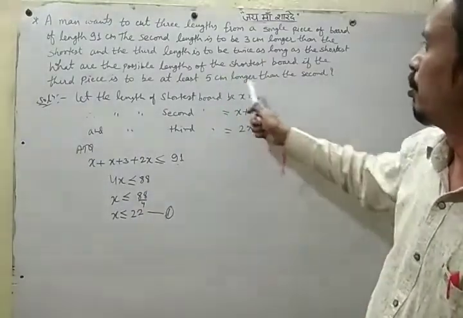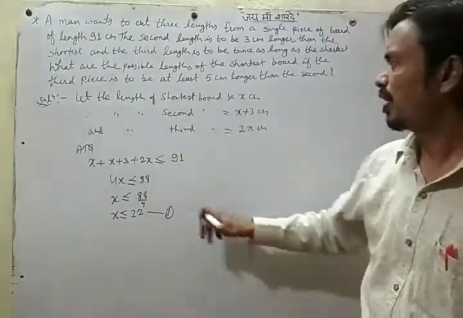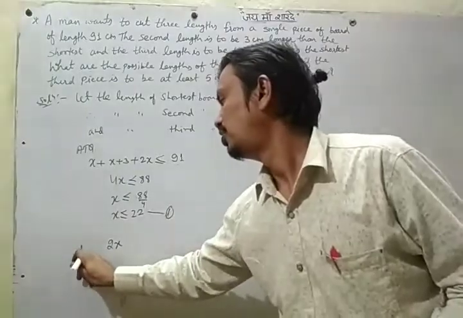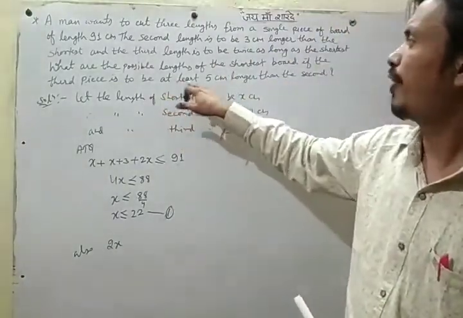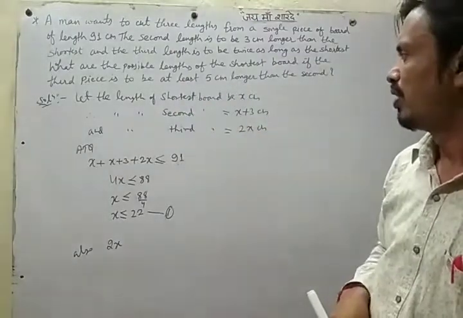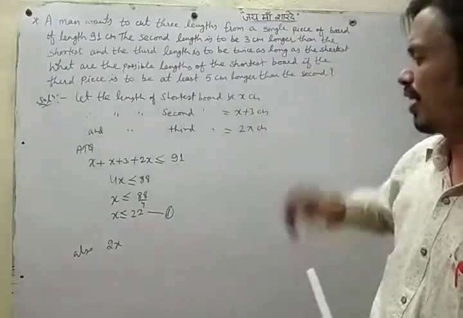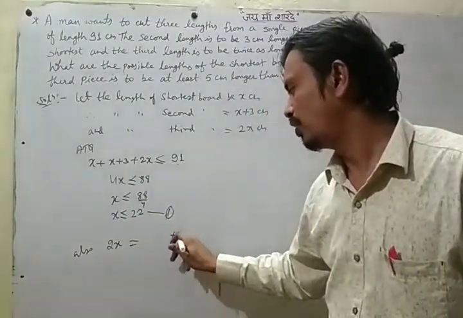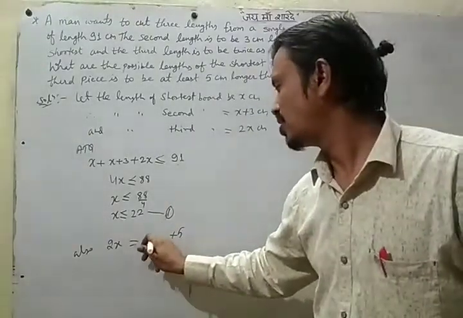Then one more condition is given. Third piece means 2x. The third piece is at least 5 centimeter longer. Suppose we say the third piece is 5 centimeter longer than the second. Then it is plus 5 to the second one, and the second one's length is x plus 3.